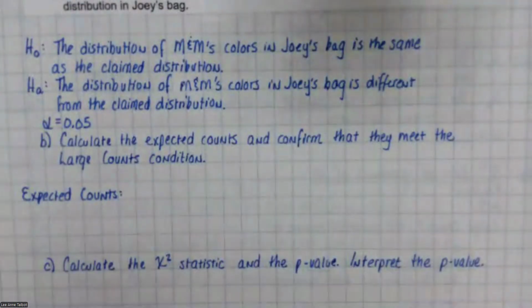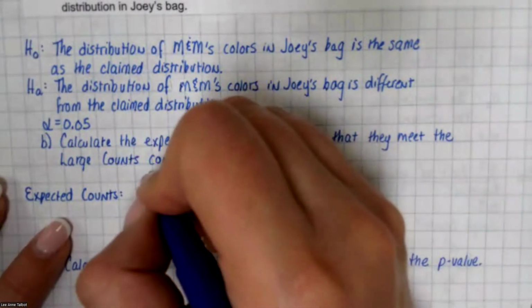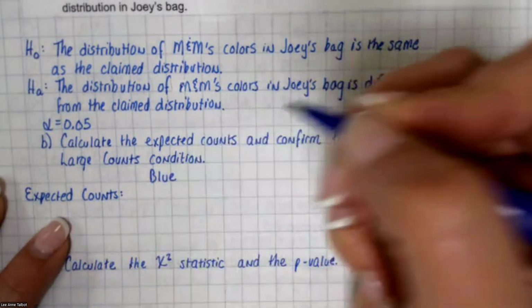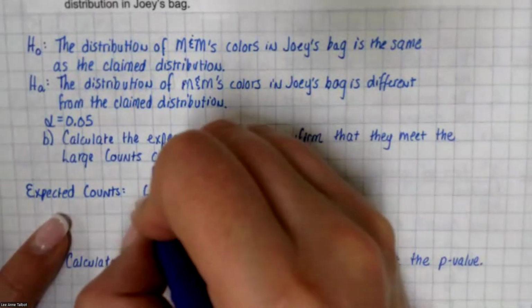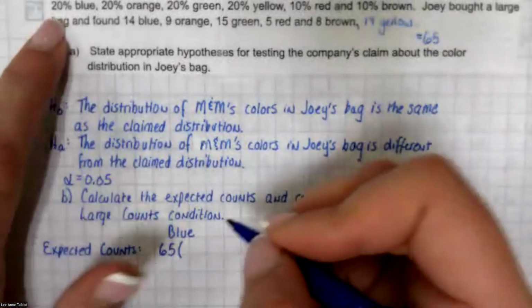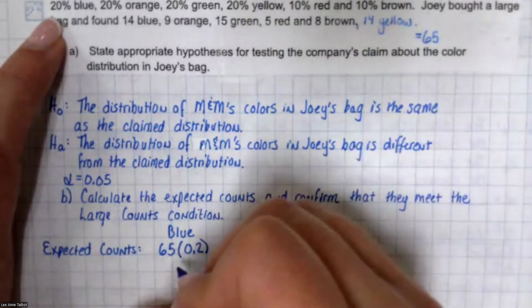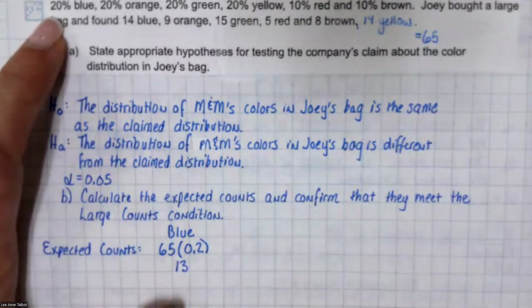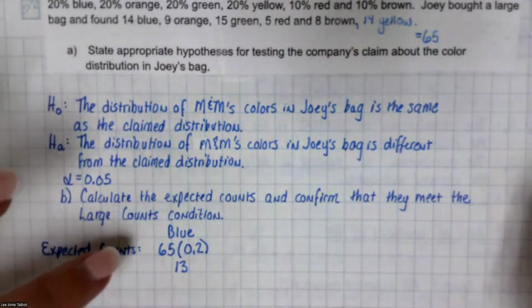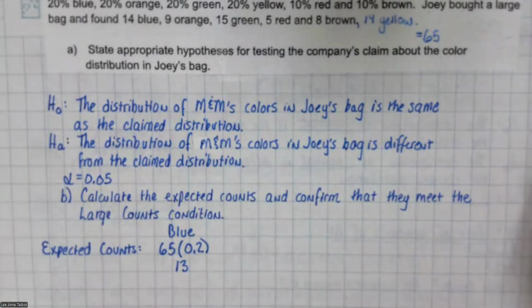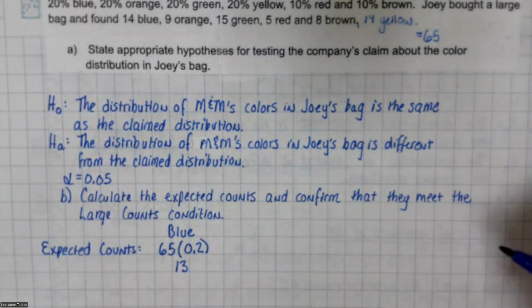So for expected counts, this is new for you. For the blue ones, there's 65 total, and the claimed proportion is 0.2, which is 13. So if the claim is true, you should expect to have 13 of them in your sample of 65. Does that make sense?